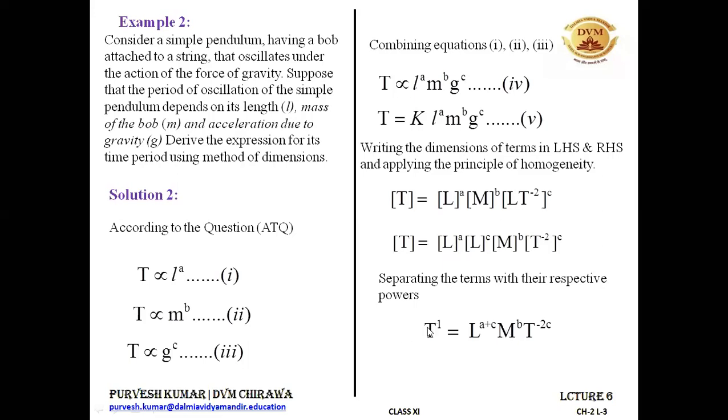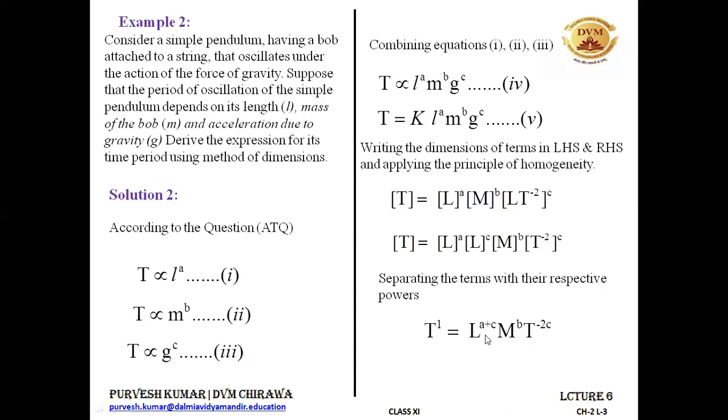So we can say this, that the power for M towards the left hand side is 0. All right. So you can write A plus C equal to 0. B is also equal to 0. And minus 2C, it is equal to 1. The power of T towards the left hand side is 1 and towards the right hand side it is minus 2C. So it means this, that 1 is equal to minus 2C.